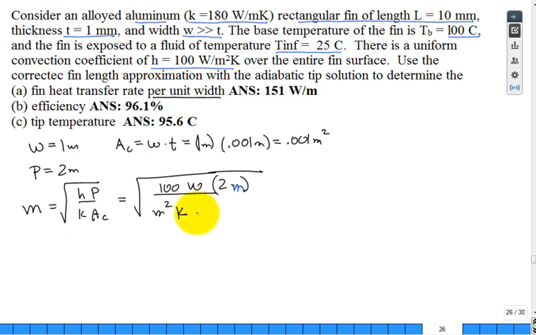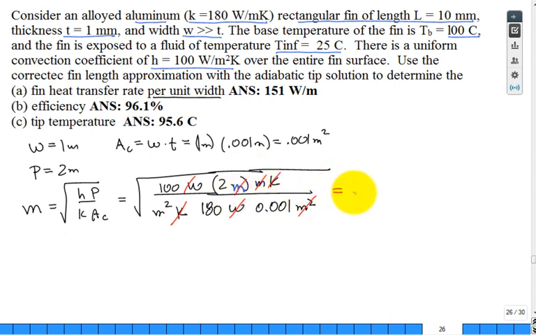k is 180 watts per meter Kelvin. And then the area, 0.001 meters squared. Do the units work out? Kelvin, Kelvin, watt, watt, meters squared. Okay, so look, if I do 2 meters, I have a meter here, a meter there, and that meter squared.